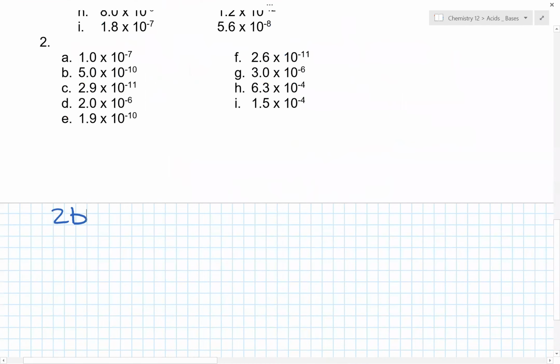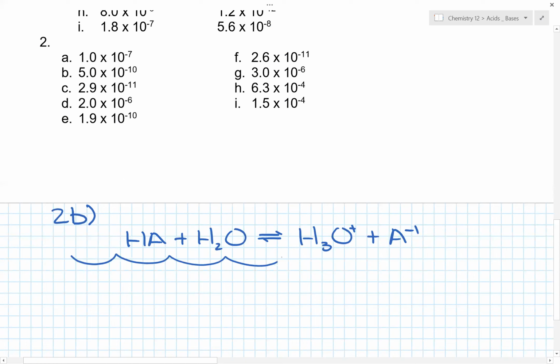Because it's a weak acid, we have to set up our ice tables. So we have HA plus H2O in equilibrium with H3O plus and A minus 1. So again, we set up our ice tables.